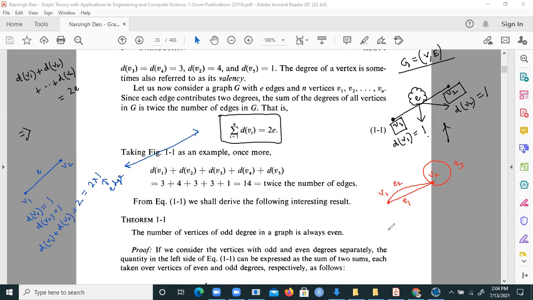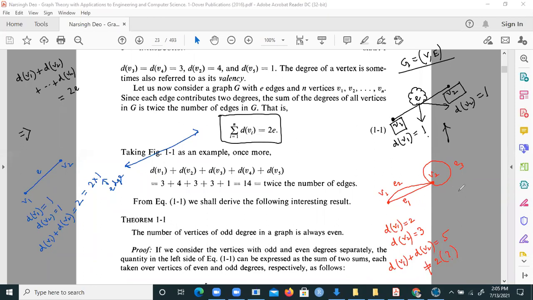Now see what is happening. If I consider the degree of V1 to be 2 and the degree of V2 to be 3, then the sum gives you 5, which cannot be expressed as a multiple of 2. So it is not satisfying the theorem.